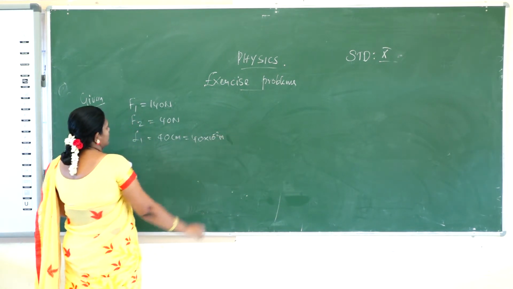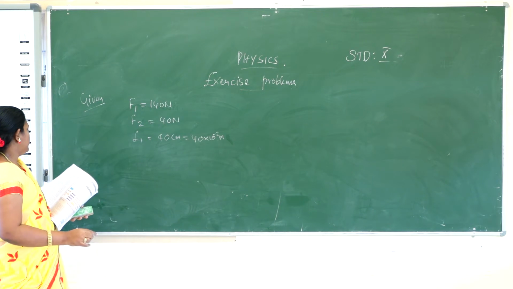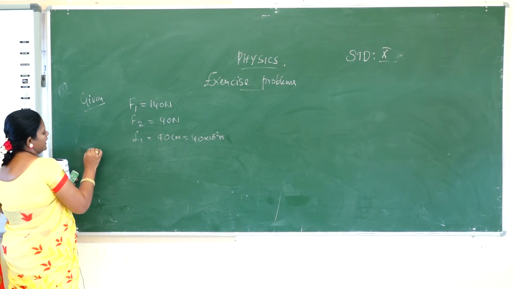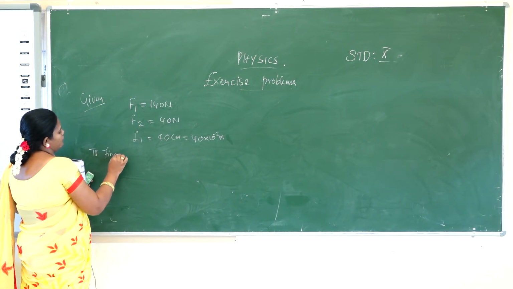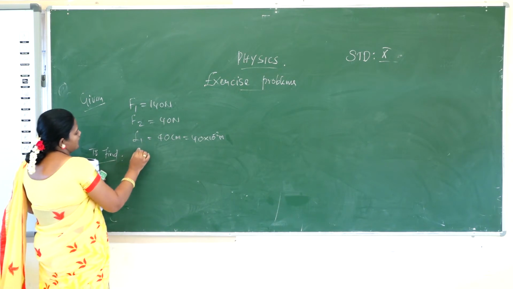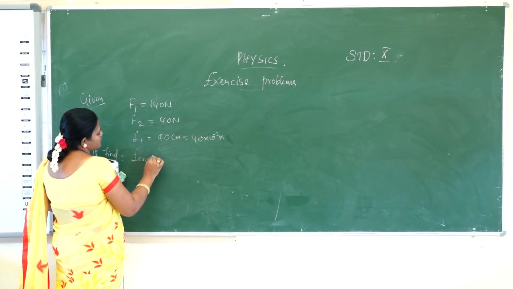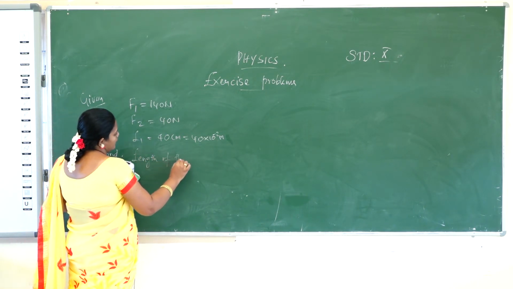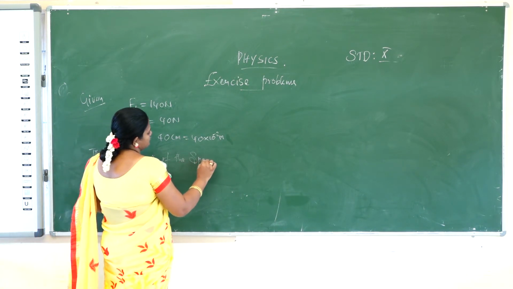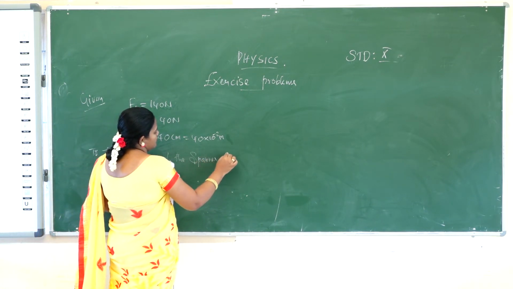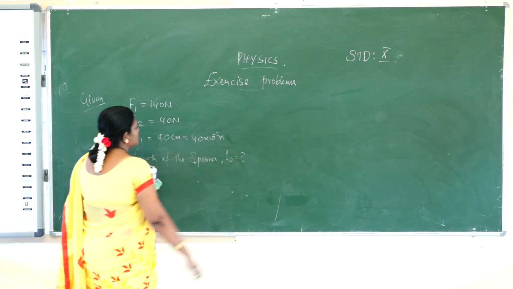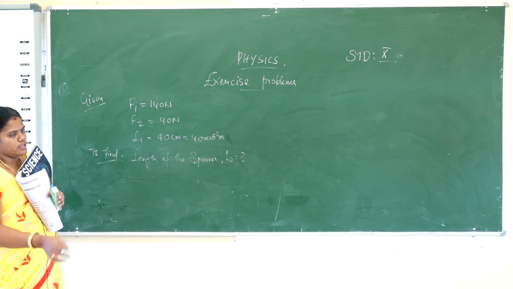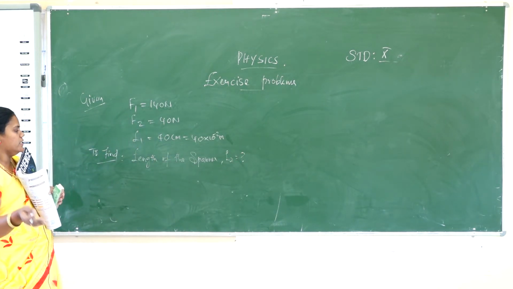Then we find the length of the spanner, L2, equal to question mark. F1, F2 and L1 are given, so we will find the L2 value.